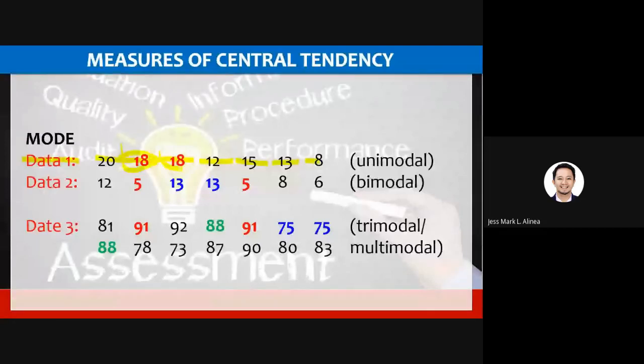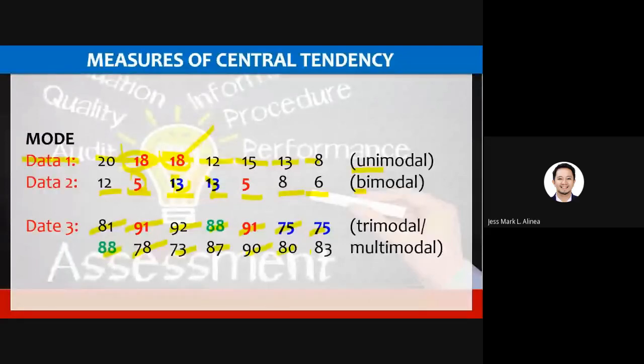Data 2: 12, 5, 13, 13, 5, 8, 6. May dalawang 5, may dalawang 13. So, dalawa ang mode natin, 5 and 13. That's bimodal. Data 3: 81, 91, 92, 88, 91, 75, 75, 88, 78, 73, 87, 90, 80, 83.